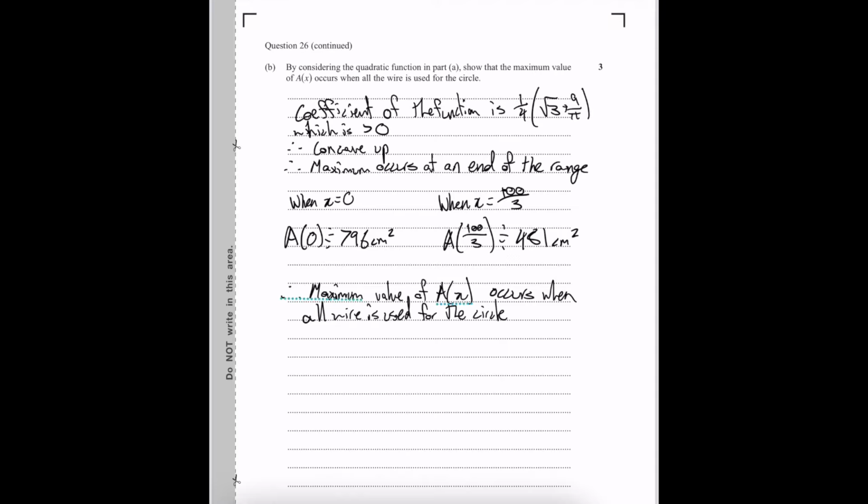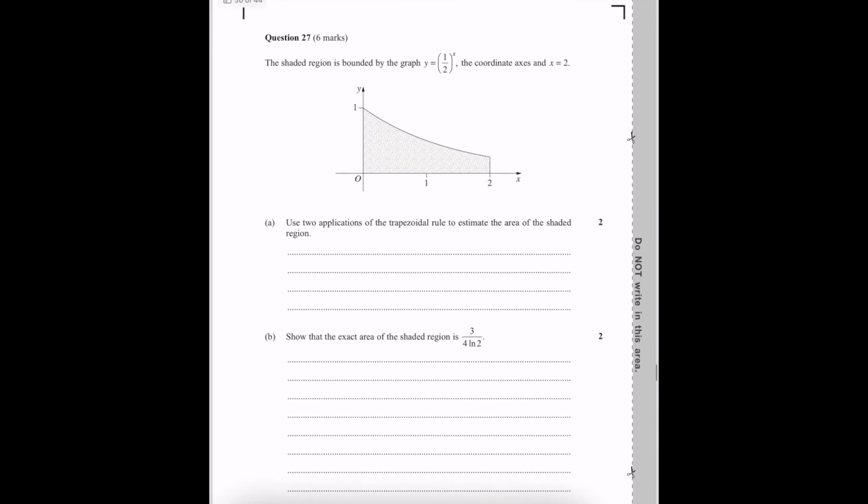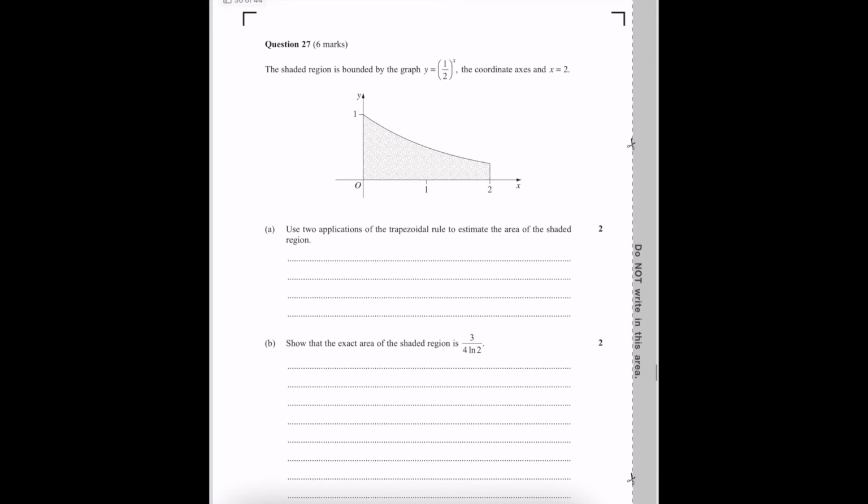That's it. Question 27 says the shaded region is bounded by the graph y equals half to the power of x, the coordinate axes, and x equals 2. Use two applications of the trapezoidal rule to estimate the area of the shaded region. So the trapezoidal rule essentially splits the section up into trapezoids or trapeziums.